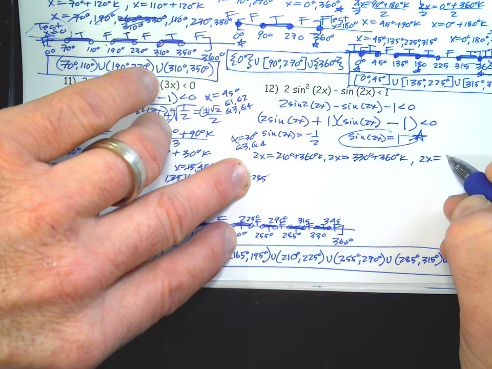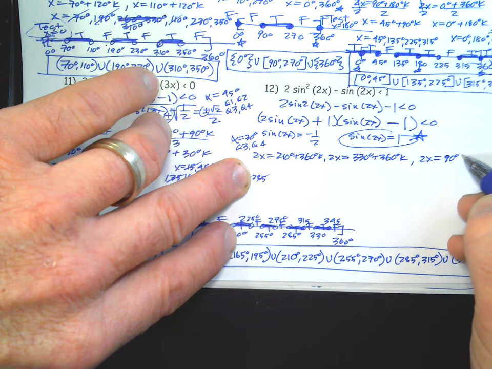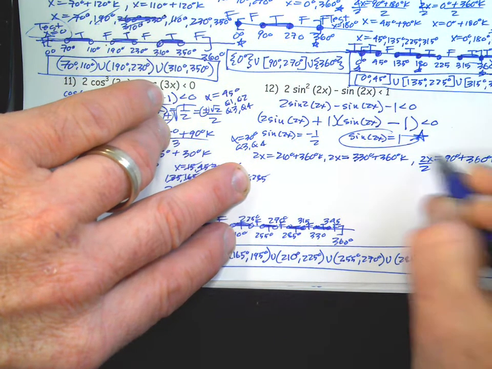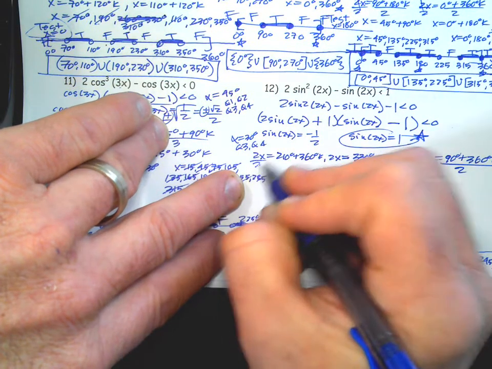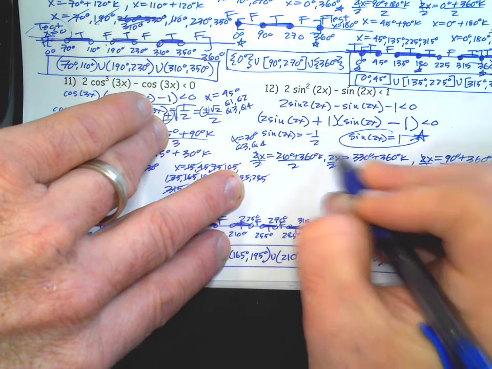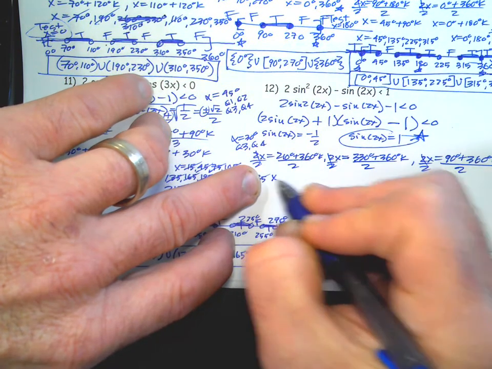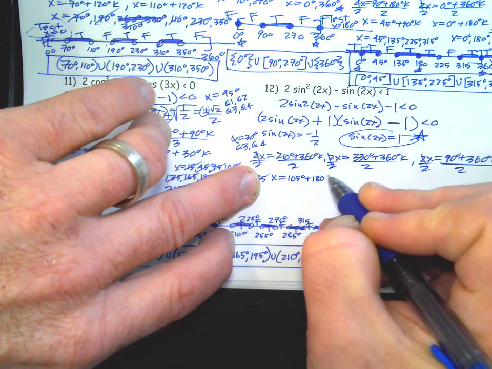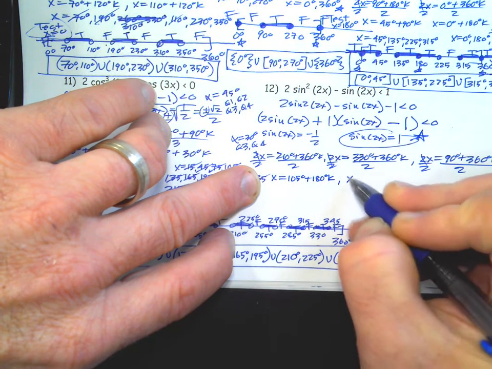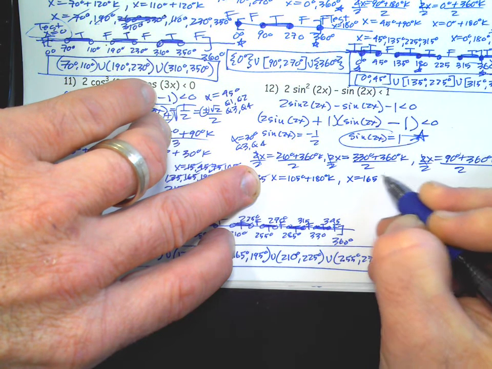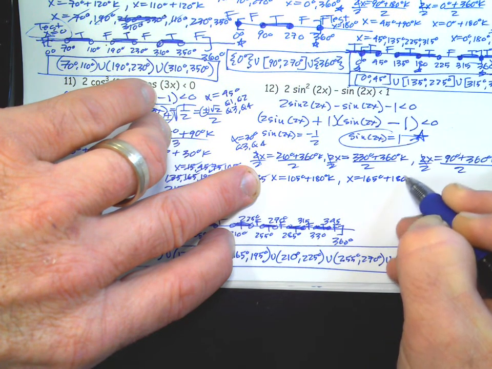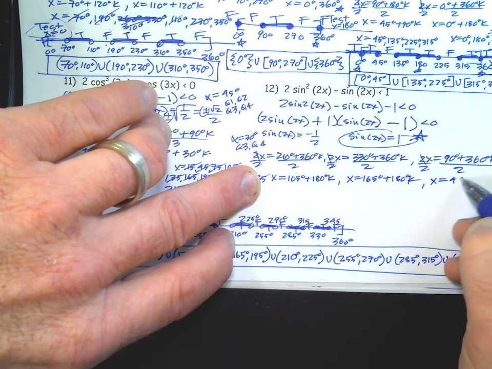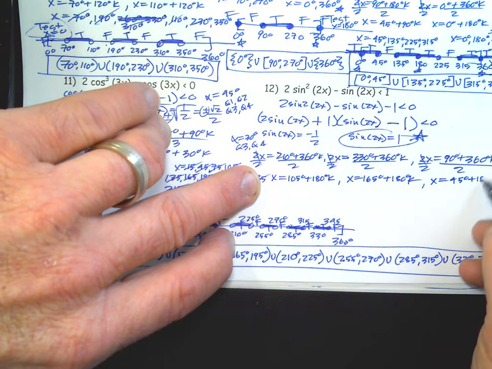At 90 degrees plus 360k. Divide by 2 throughout. X equals 105 plus 180k. X equals 165 plus 180k. X equals 45 plus 180k.